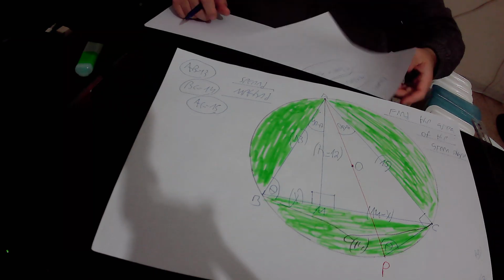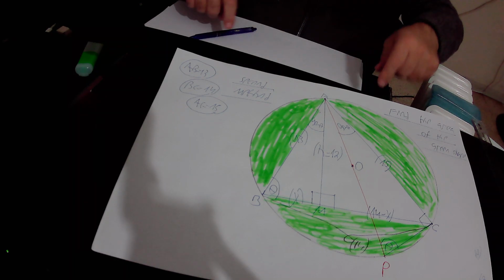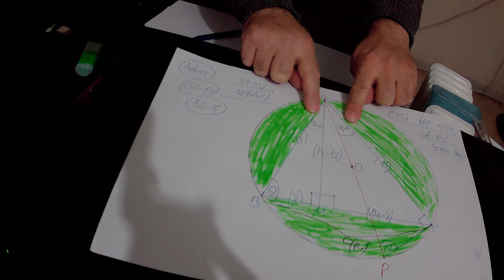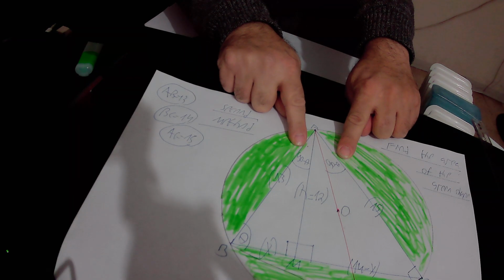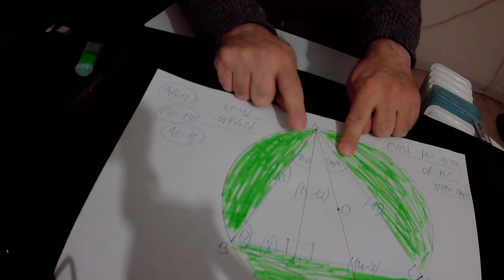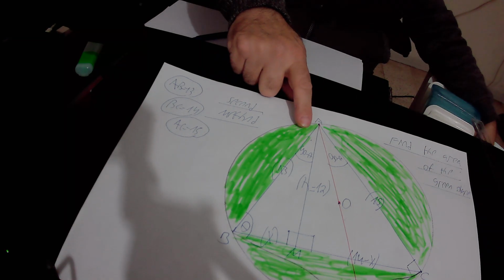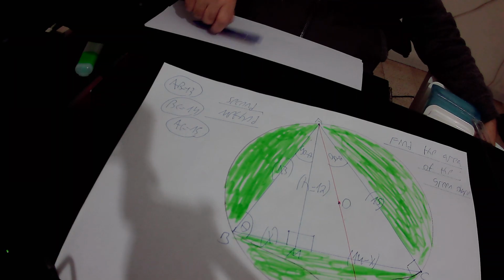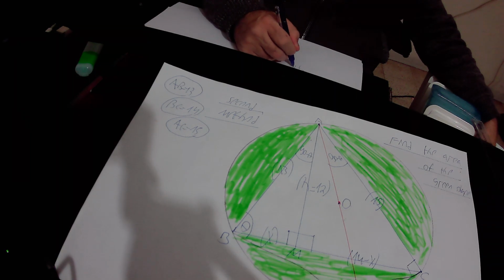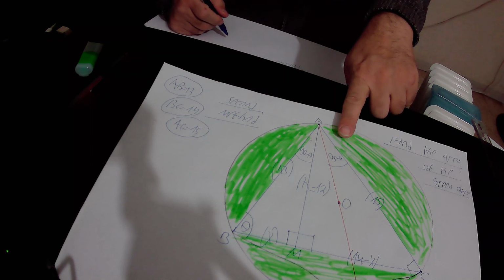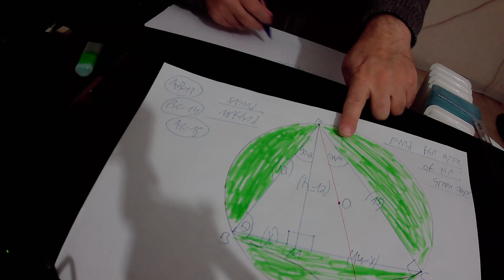And finally, those two angles are both equal to 90 degrees minus theta, therefore they are equal to each other. So this angle is angle BAM, and it is equal to this angle, angle PAC.